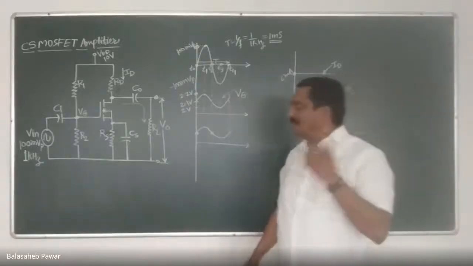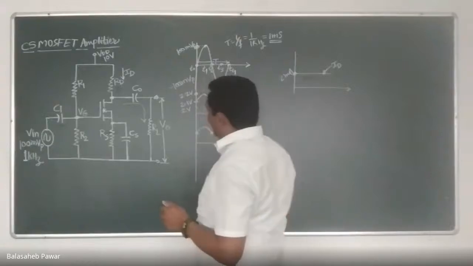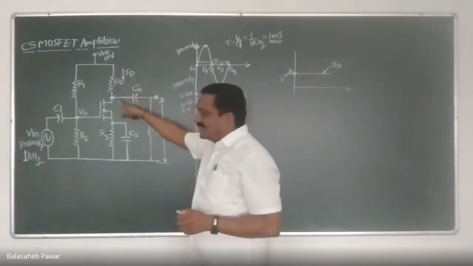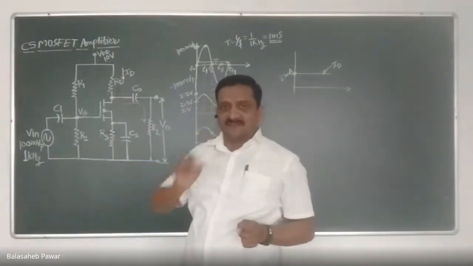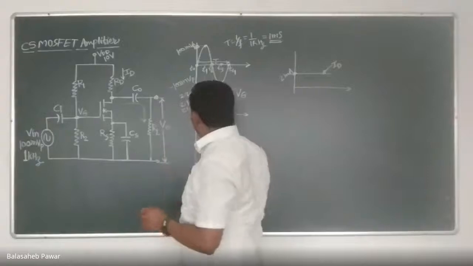Now just remember, at t equals t0, whatever current is there will have only DC components, and that's why the capacitor will block it, and that's why we obtain no output voltage.